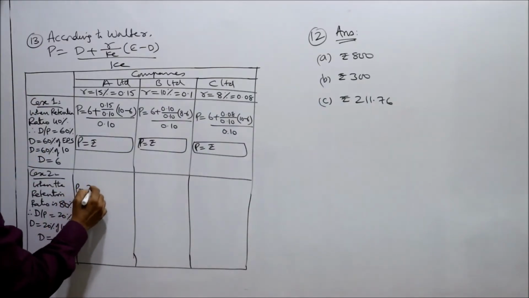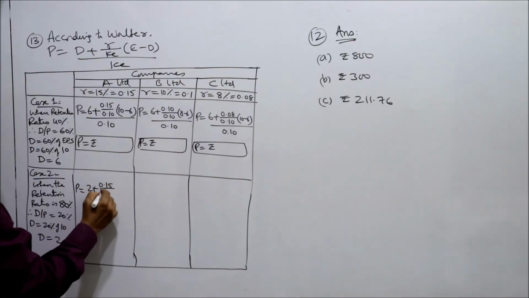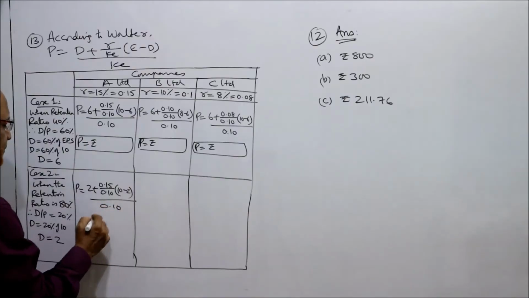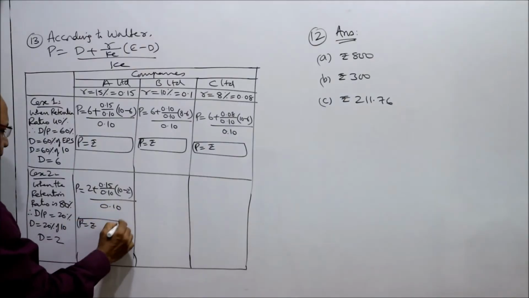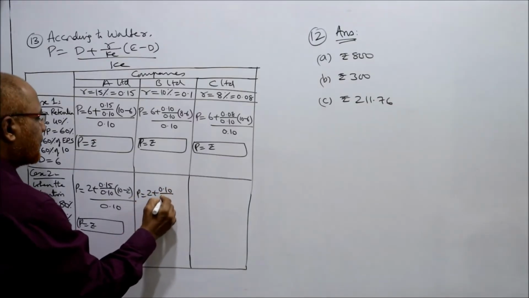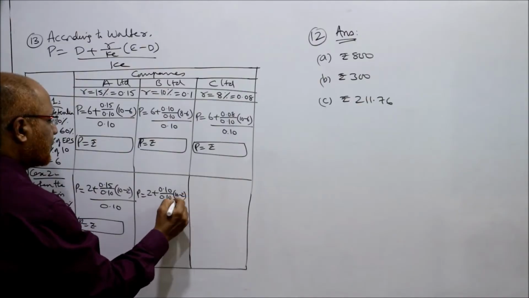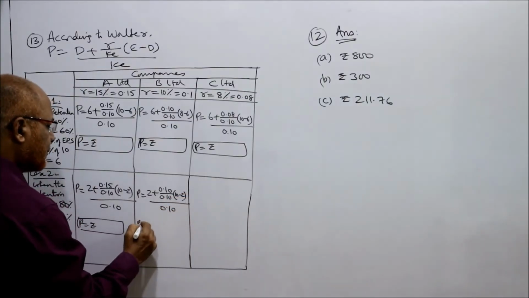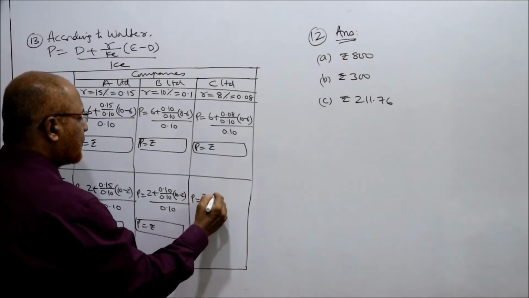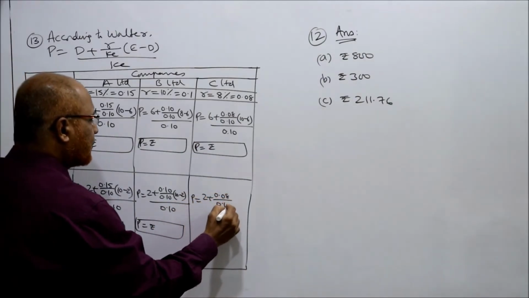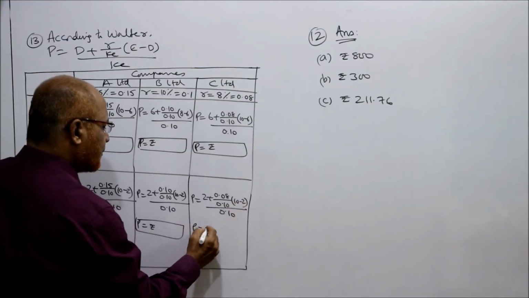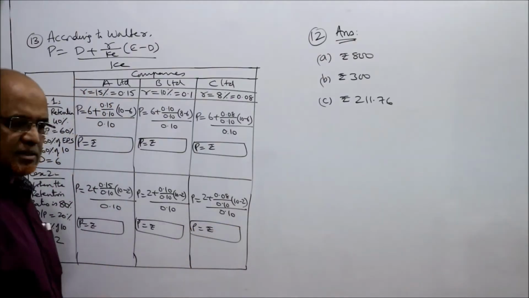Here dividend is 2 rupees. 2 plus 0.15 divided by 0.10, 10 minus 2 divided by 0.10. That's it.